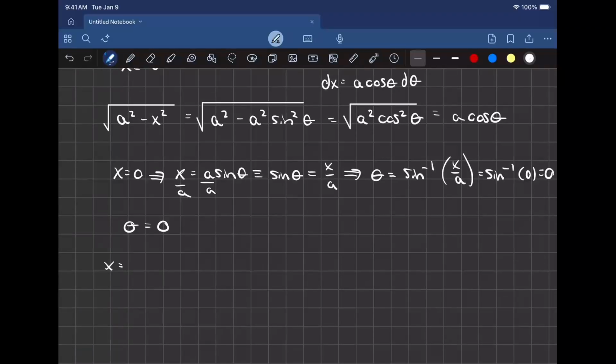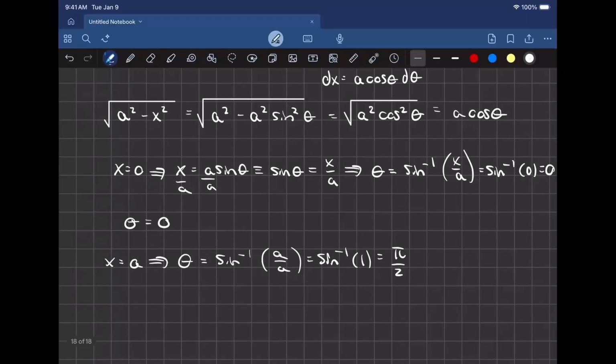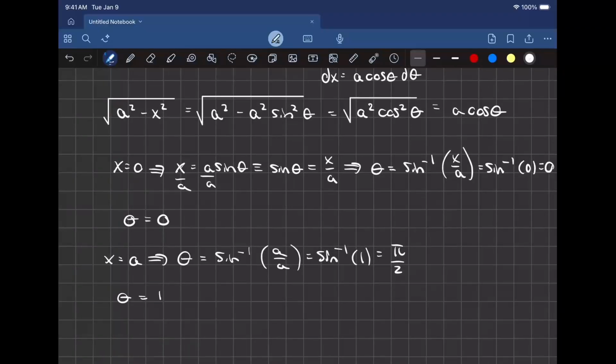When x equals a, we have that theta is sine inverse of x over a, but x equals a, so it's a over a, which is just sine inverse of 1, which is just pi over 2. So we're going from theta equals 0 to theta equals pi over 2.